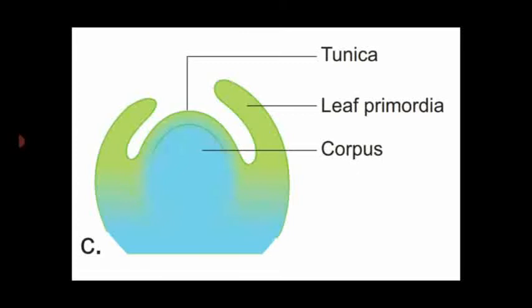Then at the tip, the light green region is known as the peripheral region, called tunica. The inner region, which is blue in color, is known as the corpus zone, and gives rise to the cortex and stelar region of a shoot. This theory is known as the tunica corpus theory.